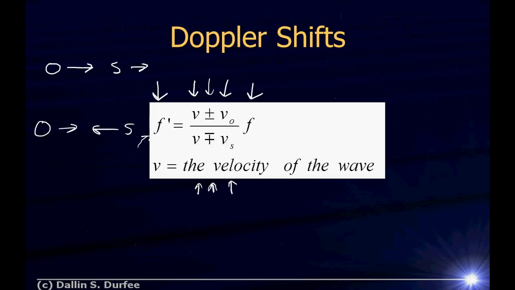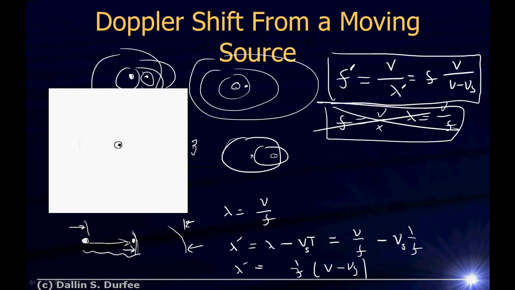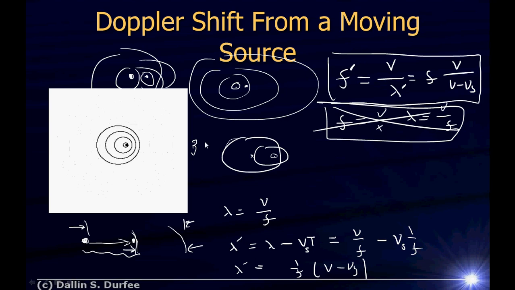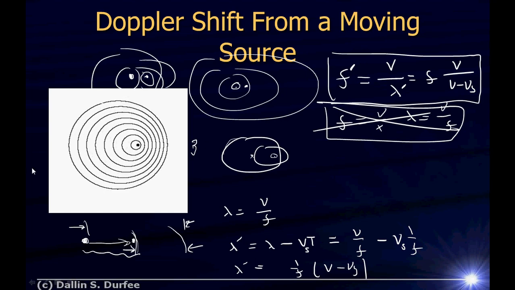So there is the equation for a moving source. Notice it looks like the equation we had before here. If we set the velocity of the observer to 0 and we choose the upper sign. Why do we choose the upper sign? Because I assumed the observer is here, the source is moving towards the observer. The wavelength gets shorter, the frequency goes up.